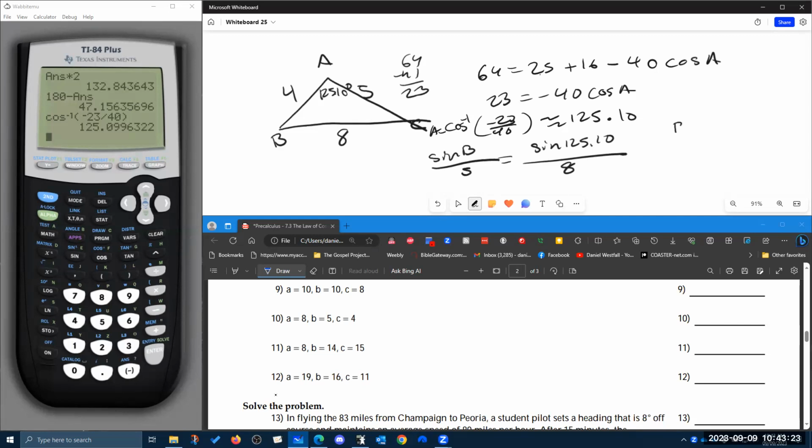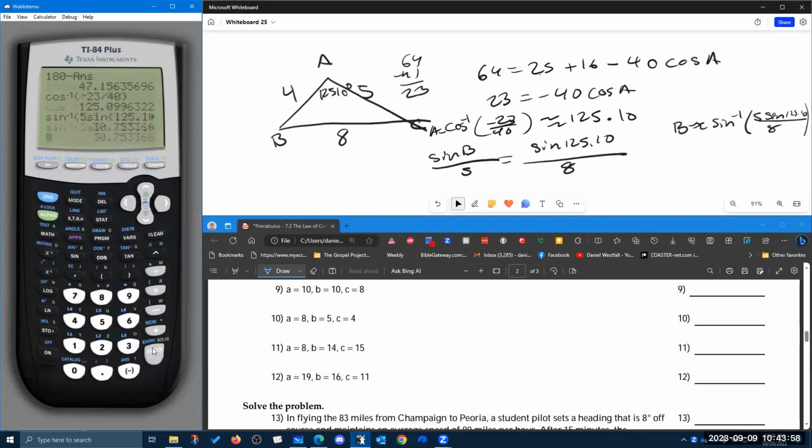And B is going to be arc sine of 5 sine 125.10 over 8, which is 30.75.